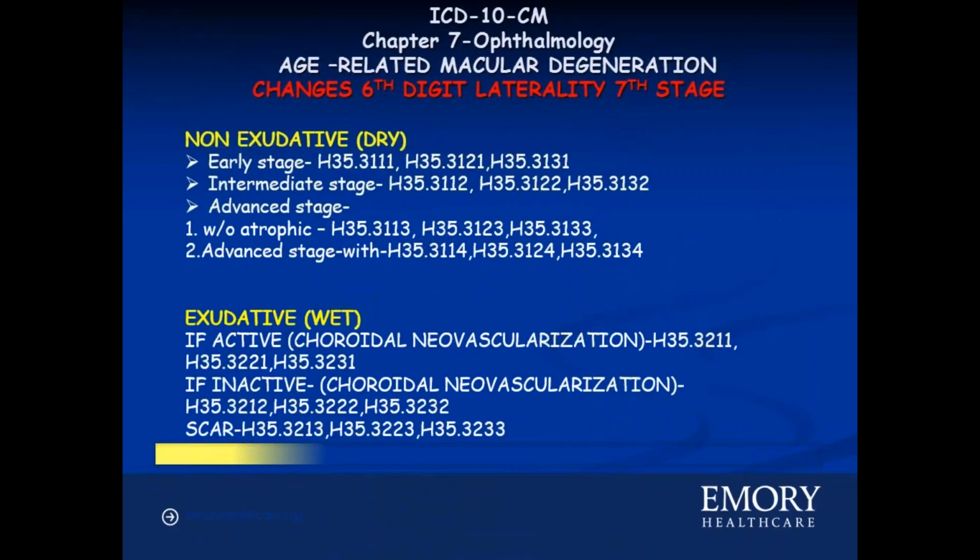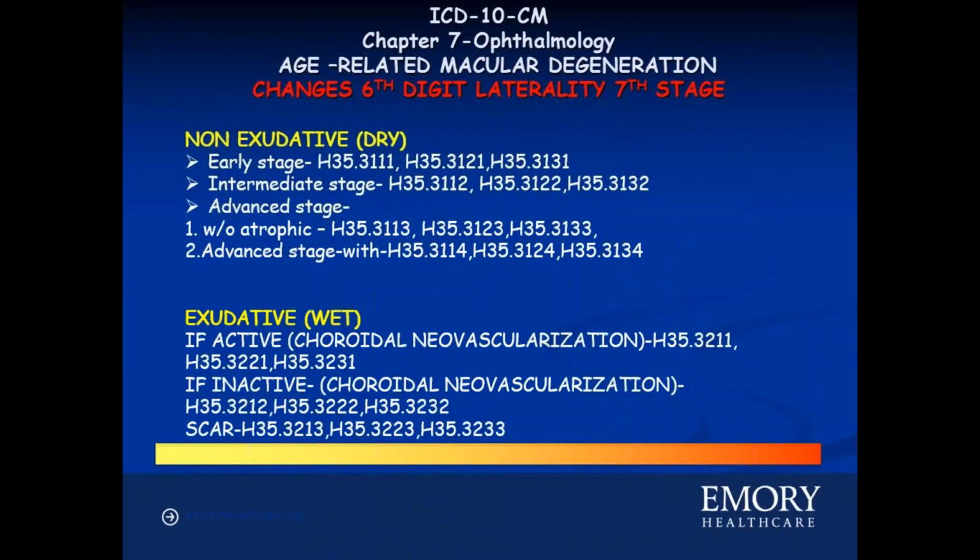So for ophthalmology, age-related macular degeneration, the changes to 6 digit shows the laterality now, and the 7th is the stage. We have non-exudative, and then we see the early stage, intermediate, advanced, with or without atrophic, and advanced stages as well with exudative, wet.